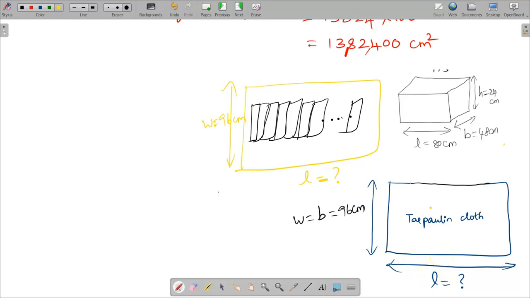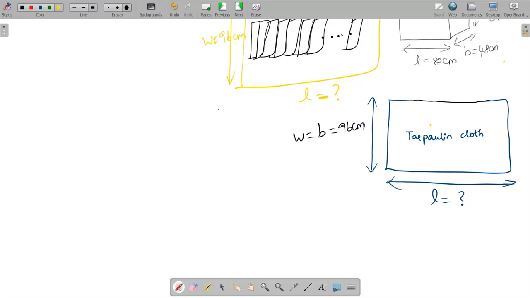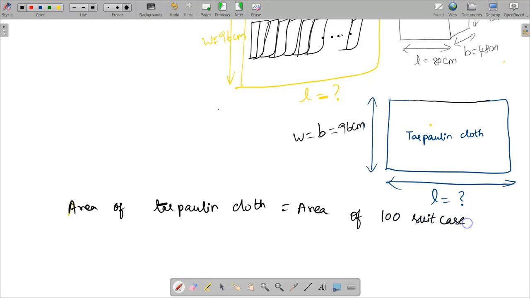So in that way we are going to find the length. So I can say that area of tarpaulin cloth is equal to area of 100 suitcases. Why? Because it is going to cover the 100 suitcases, so it should be equal.